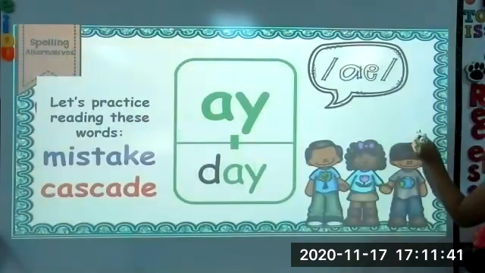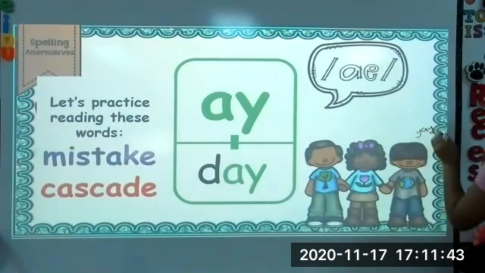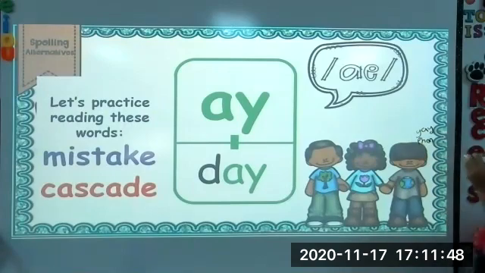We also have learned that AY makes the A sound. Like in the word mistake and cast, those are not the right words, guys. They're not the right words, are they? Those don't have AY in them. You know what?